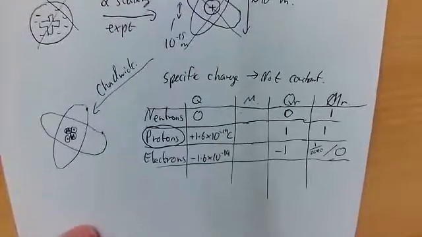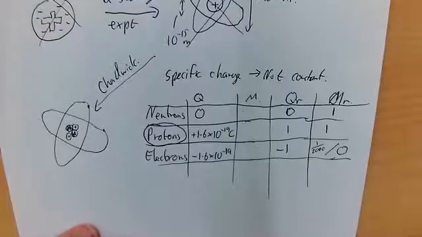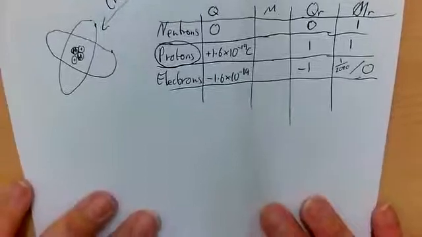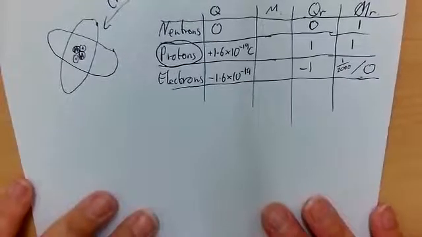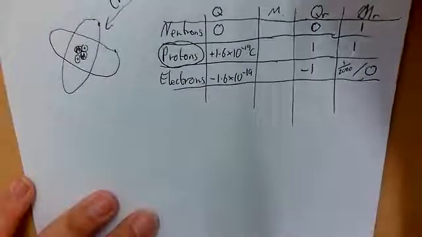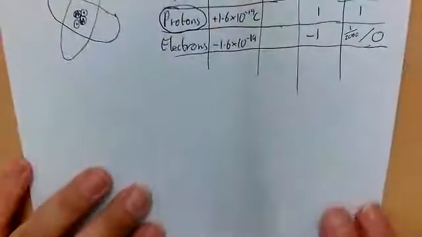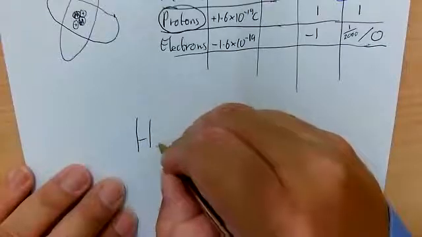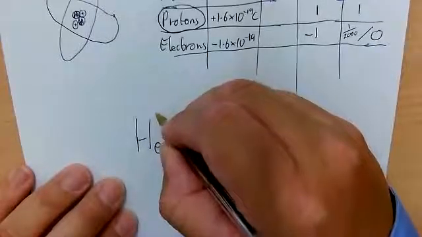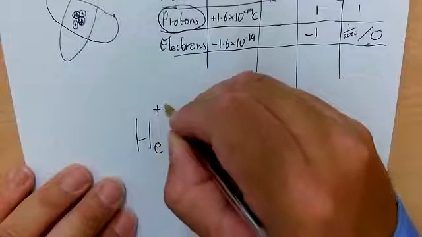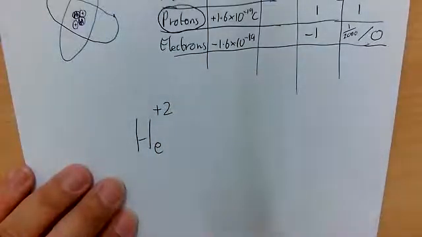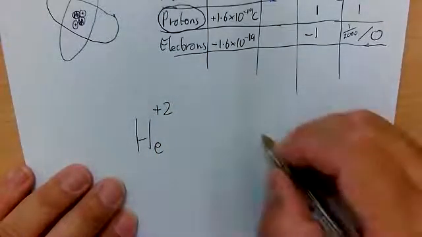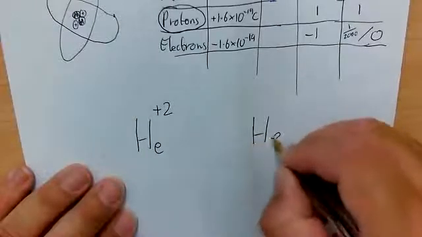Now, that was all very well and good, and we could then start to think about what that means in terms of how we represent atoms. So, for example, if I took helium, I'm going to take an ion of helium here and say +2, to give you an example. And I'm going to compare it with ordinary helium.